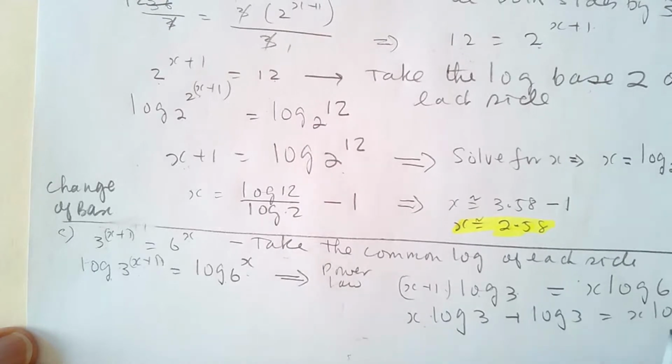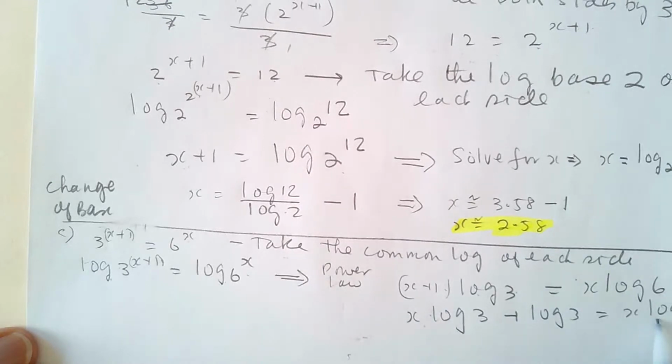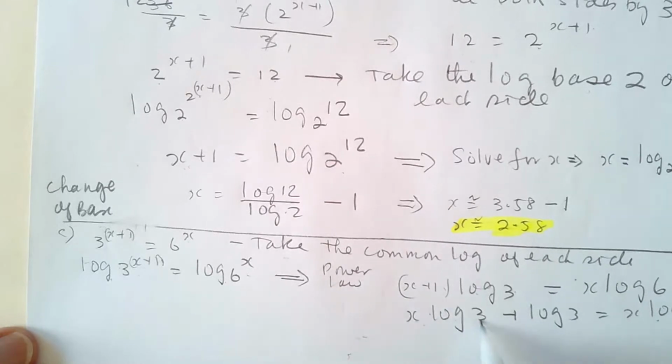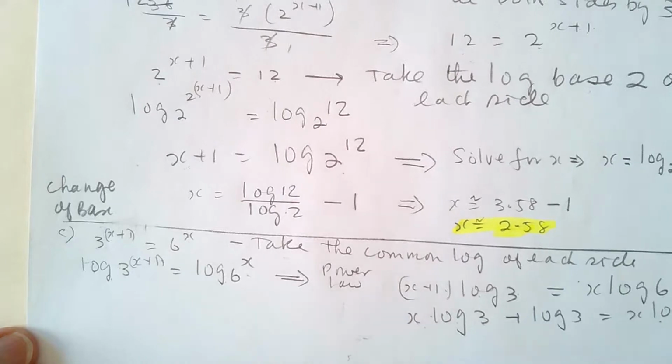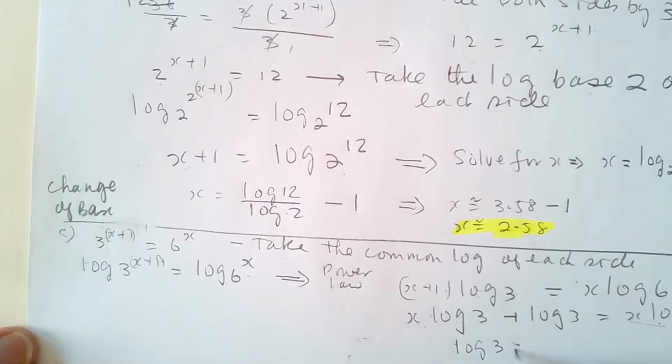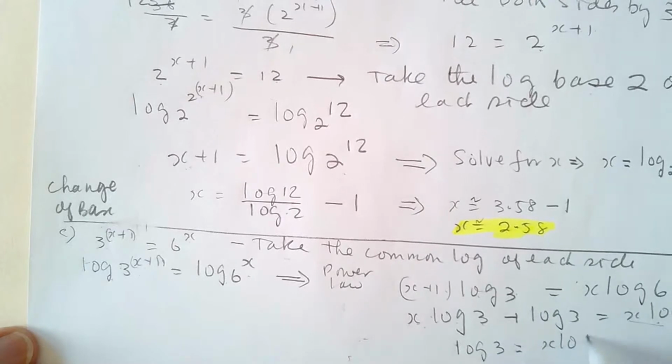So we combine the x's together. So we have x log 3. I'll put it on the right side here. Put the x's together. So we have log 3 is equal to x log 6.